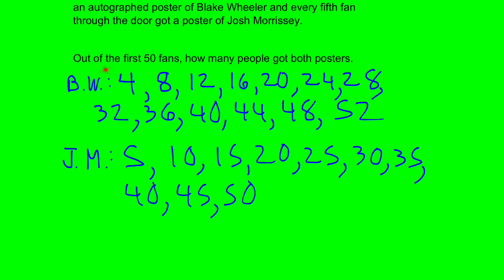The question asked, out of the first 50, how many people get both? So let's take a look here. I see that we have Lucky Fan 20, and Lucky Fan 20 will get both. And as we keep going, Lucky Fan 40 will get both.